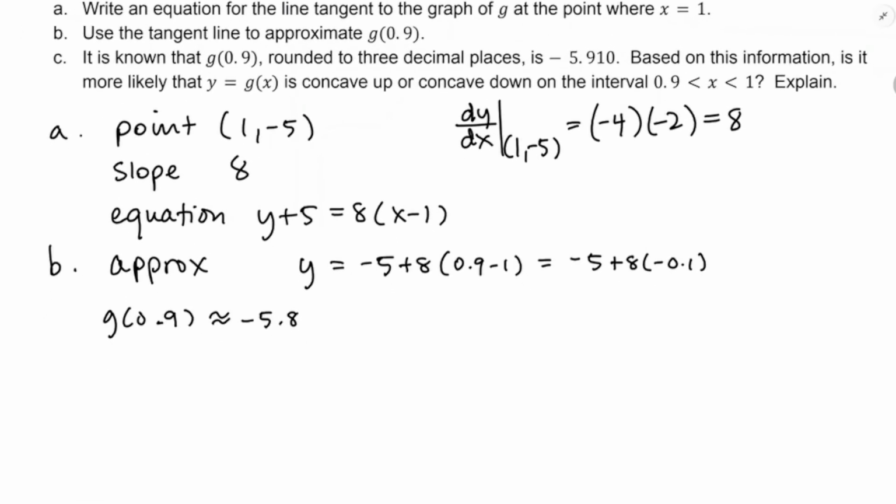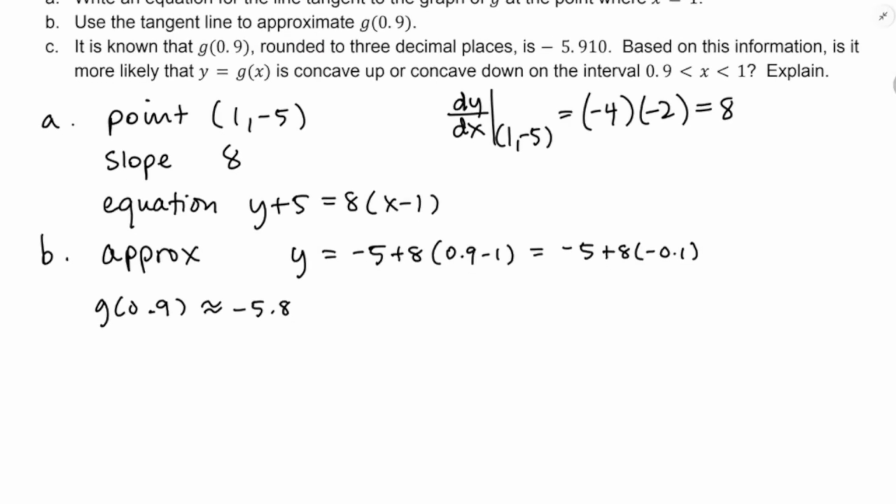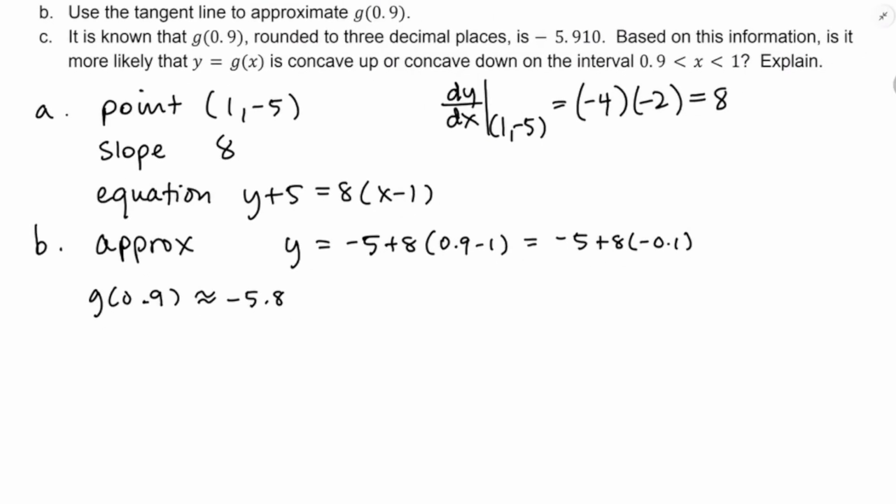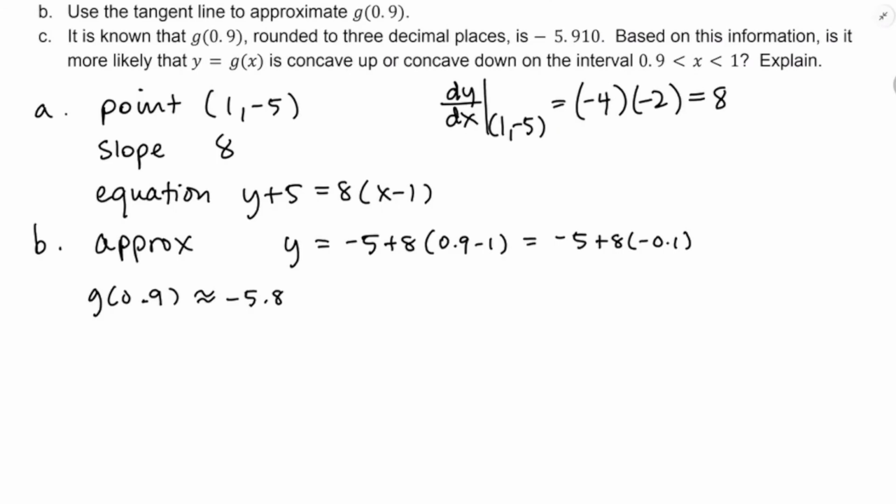And then it is known that g of 0.9, the true value, rounded to 3 decimal places, is negative 5.910. Based on this information, is it more likely that g of x is concave up or concave down on the interval 0.9 to 1? And explain. Okay, well, it's going to have to do with whether I had an overestimate or an underestimate. Okay, my estimate was negative 5.8.